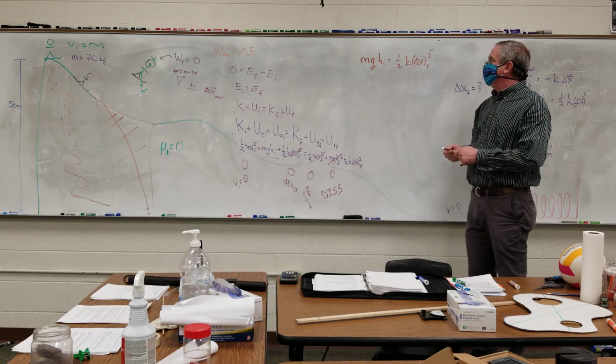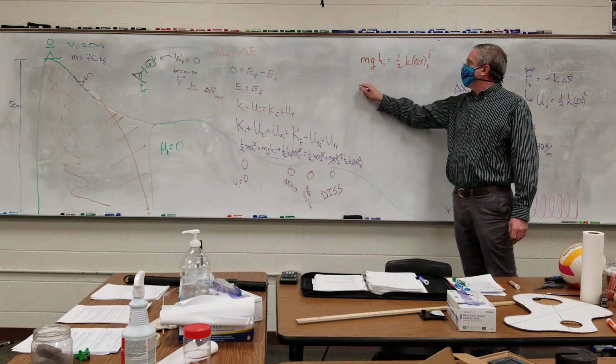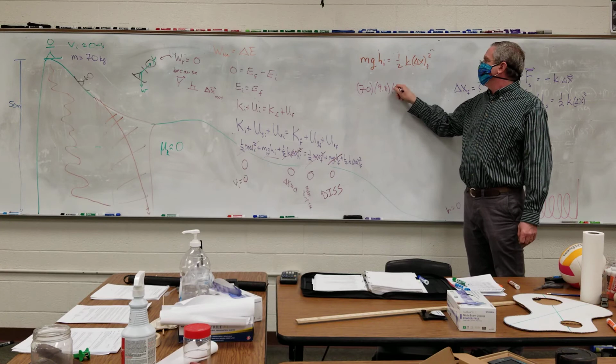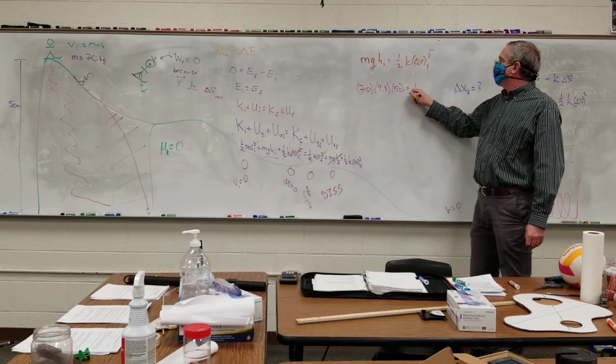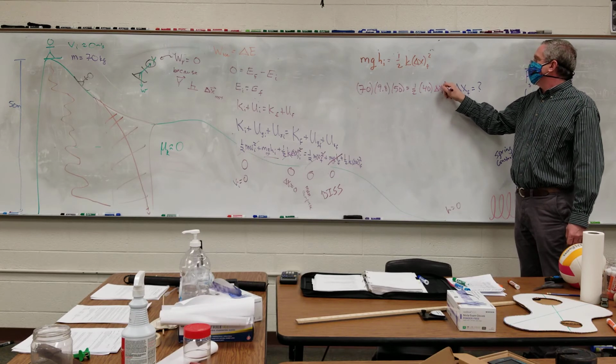So now it's plug and chug time. And so I have 70 times 9.8 times 50 is equal to 1/2 times 40 times delta x final squared.